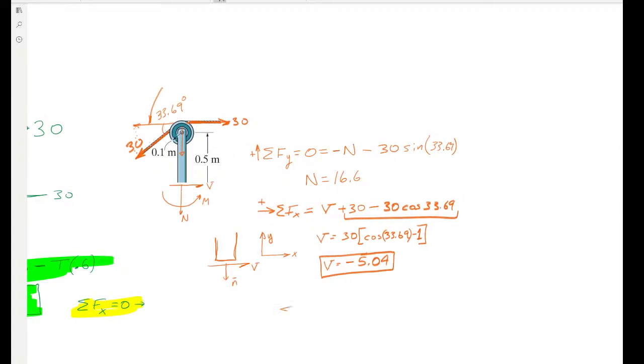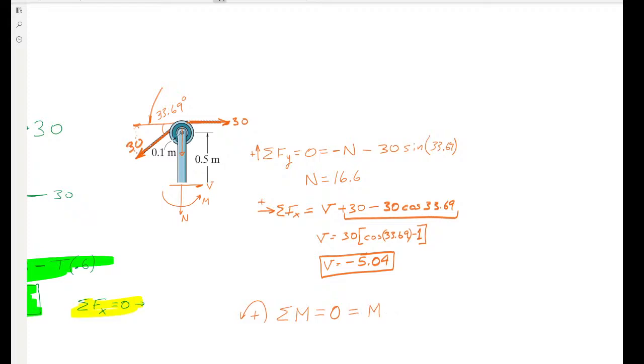And now I'm going to sum the moments. I'm going to consider this to be positive. I'm going to go ahead and take all this off of here. 0 is equal to. Now, the way I've drawn this, the moment sits here like that, so it's positive.